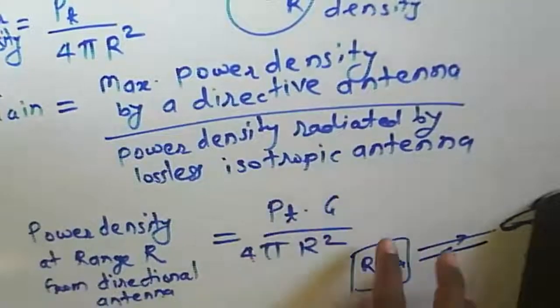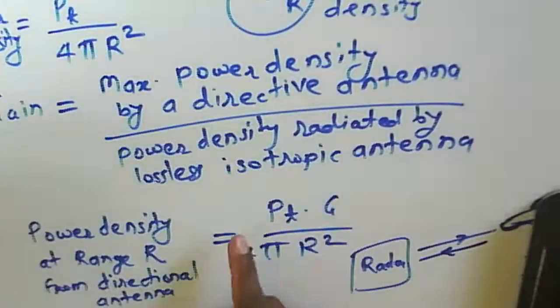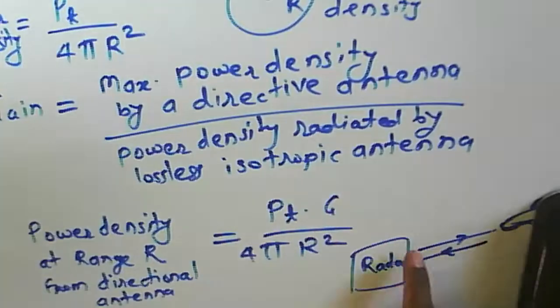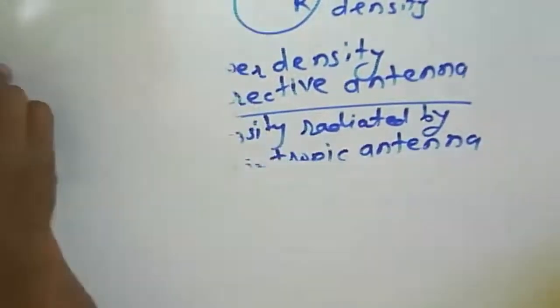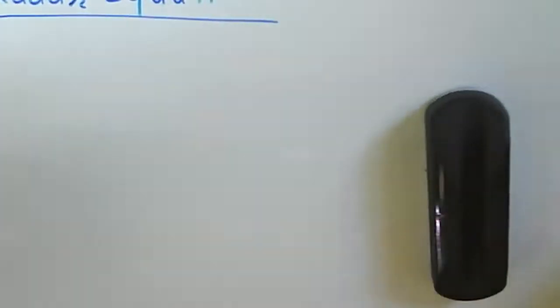This is nothing but a power density from the range R. So we are supposed to find the power density from the re-radiated echo signal.